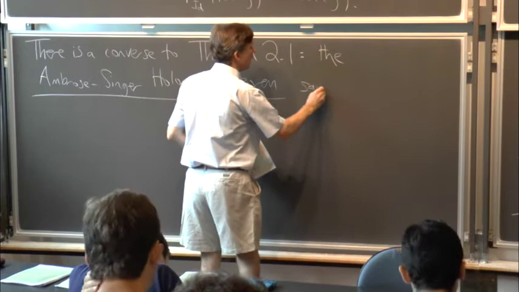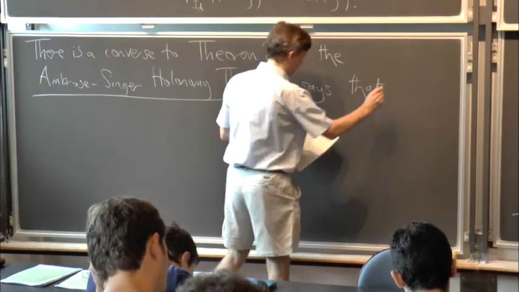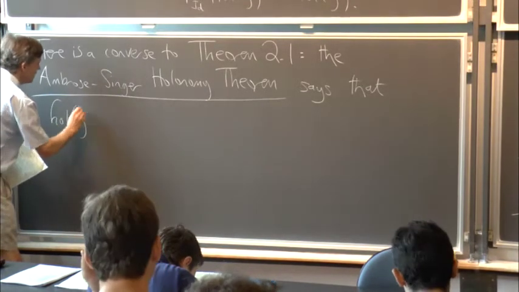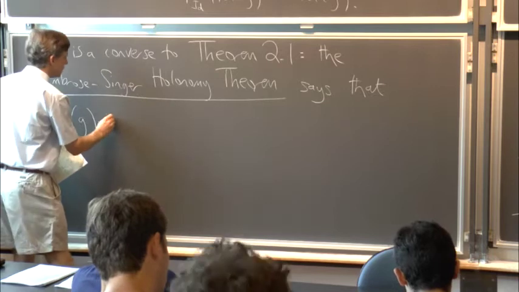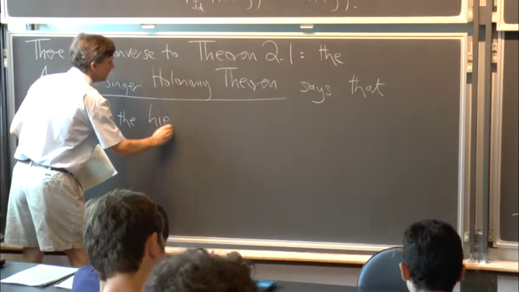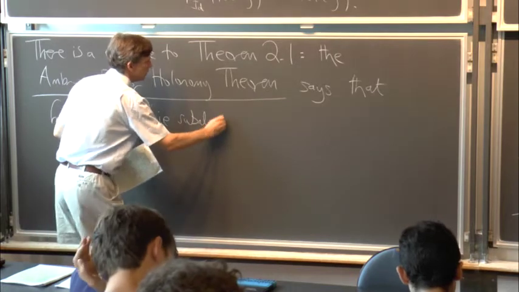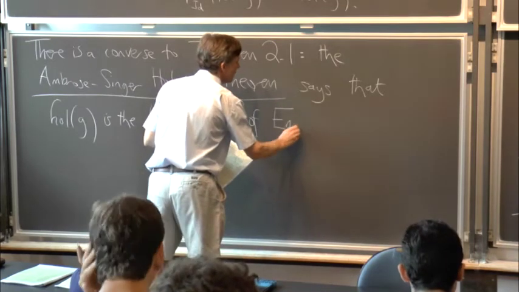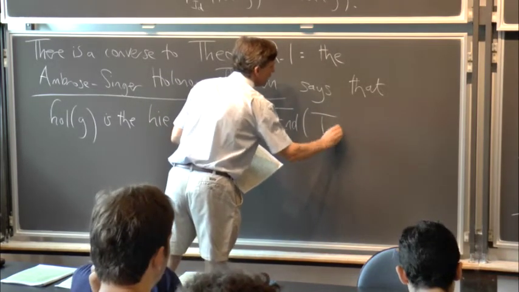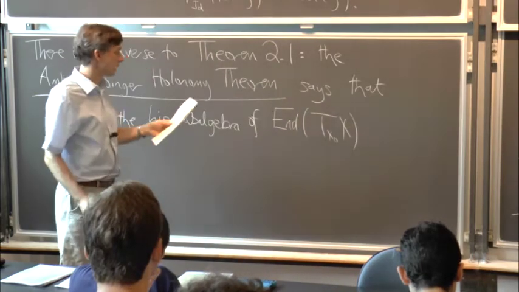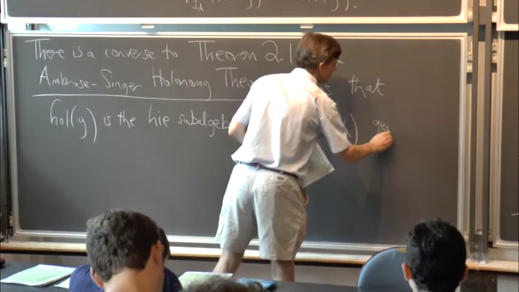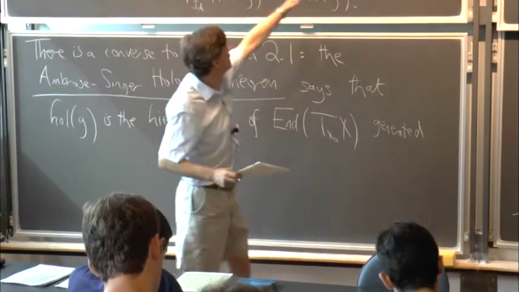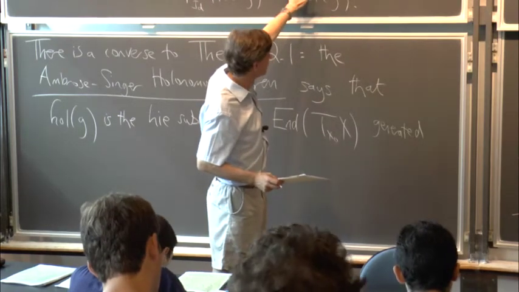This says that the holonomy Lie algebra, curly hol of G, is the Lie subalgebra of the Lie algebra of endomorphisms of T_x0 of X, which is generated by anything we can make of this form after parallel transport from other points in the manifold.